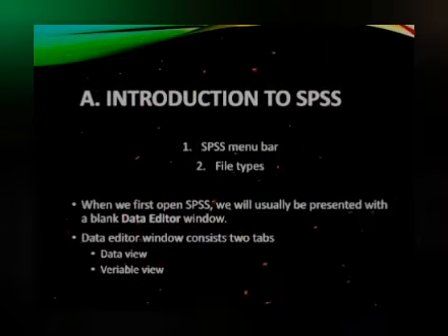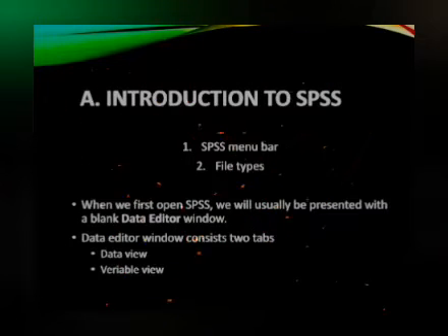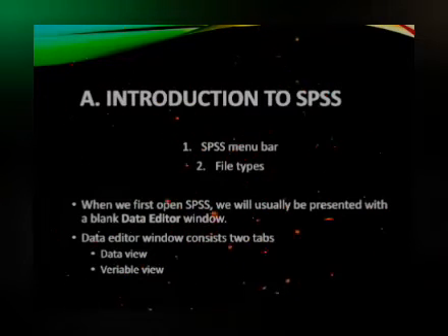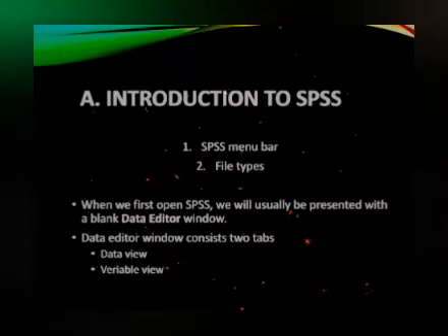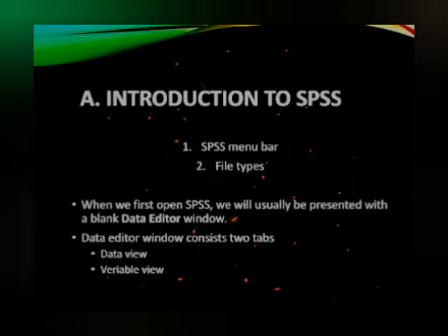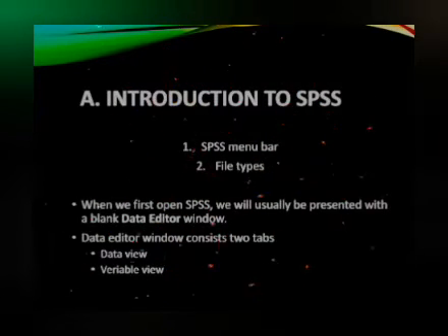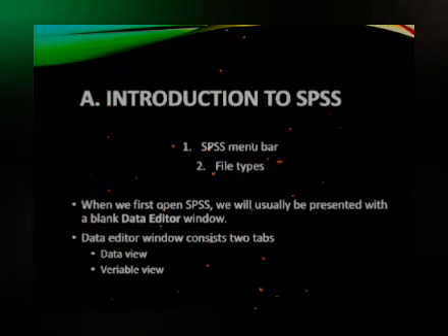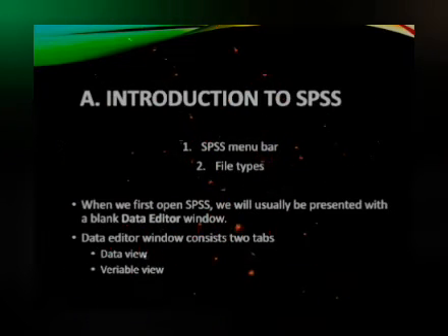Data view is used to enter data and view data. In data view, rows represent individual cases. It can be state, company, business, etc. Columns represent particular variables in your data file. Variable view is used to create and define various variables.